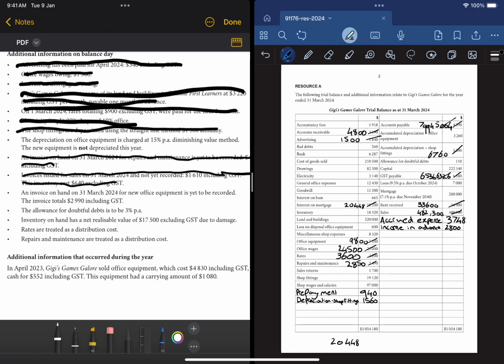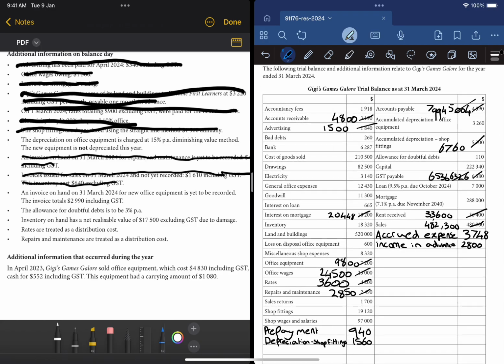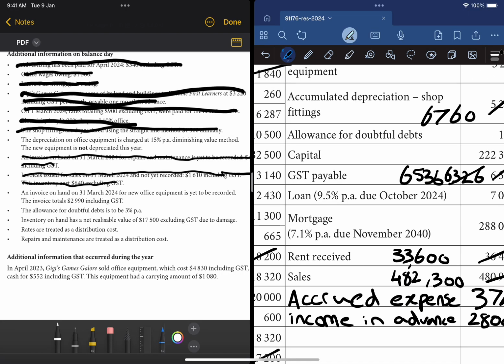Alright, guys, now that we've done that, we'll just do GST for that one. So to find GST, we'll just go the GST inclusive amount less the GST exclusive amount. So 2,990 minus 2,600 is going to give us 390. Okay, so remembering here, we're still going to be debiting our GST payable. So in this case, as GST is a credit, debit a credit, it's going to decrease it.